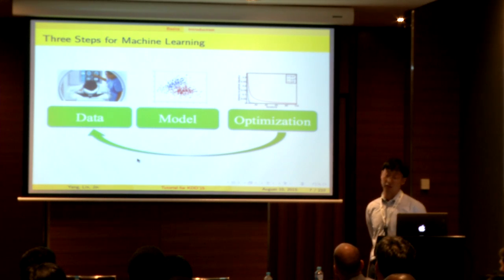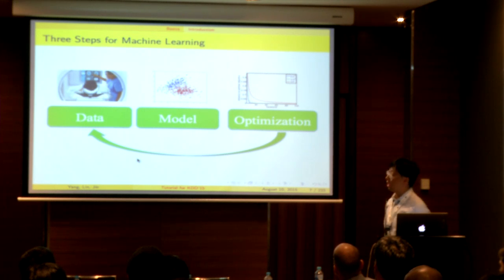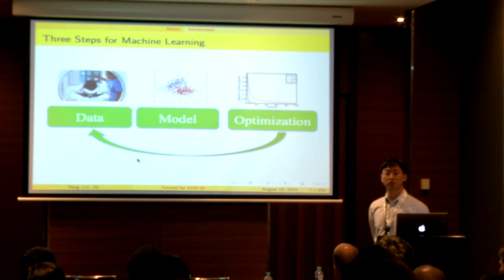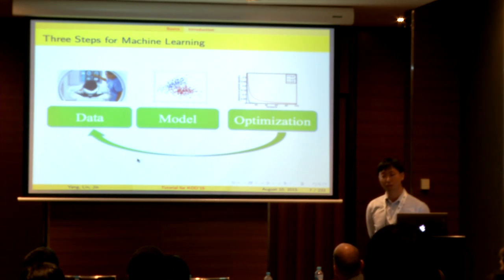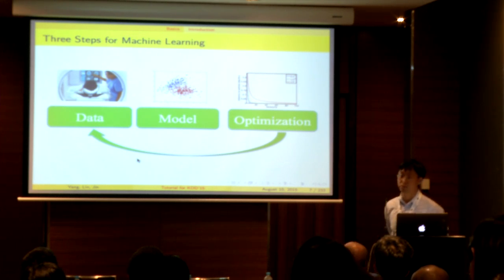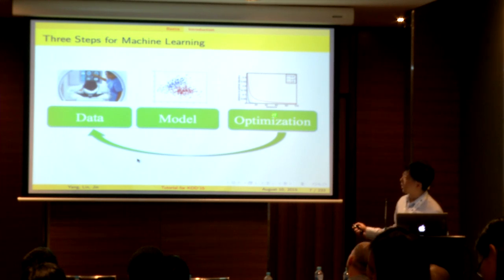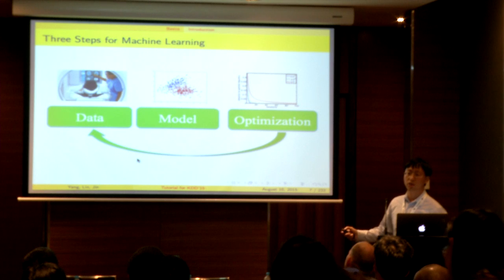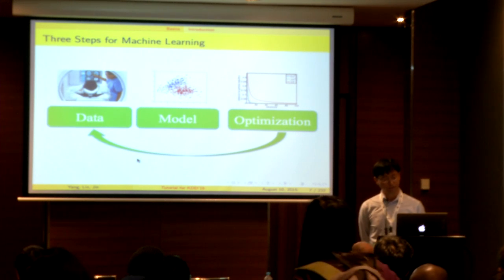It could be classification, regression, ranking, or clustering. The last step usually ends up with an optimization step. Optimization is used to find the best parameter that defines the model. After finding the best parameter of the model, we can apply the model to make predictions on the future data, on the new data.